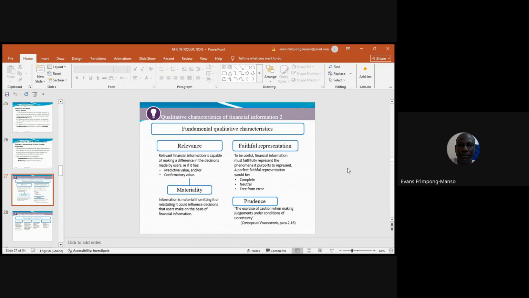Then another fundamental qualitative characteristic is faithful representation. It means the financial statement you have prepared is not biased, it's complete. The preparer is neutral, and the financial statement has been prepared free from error or any material misstatement. Then we say that there has been faithful representation.